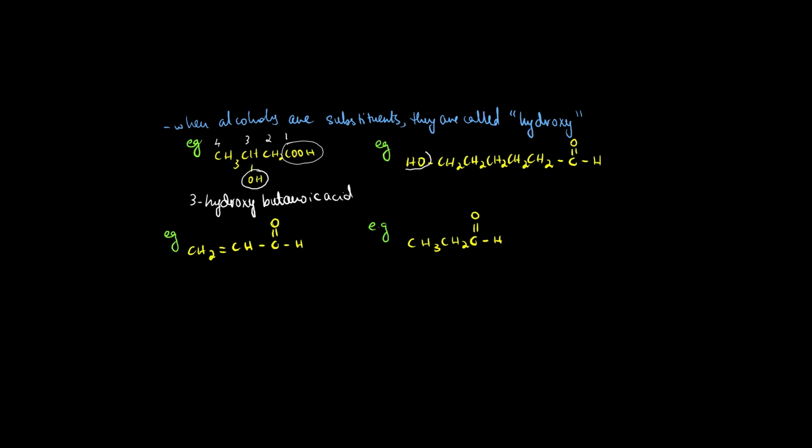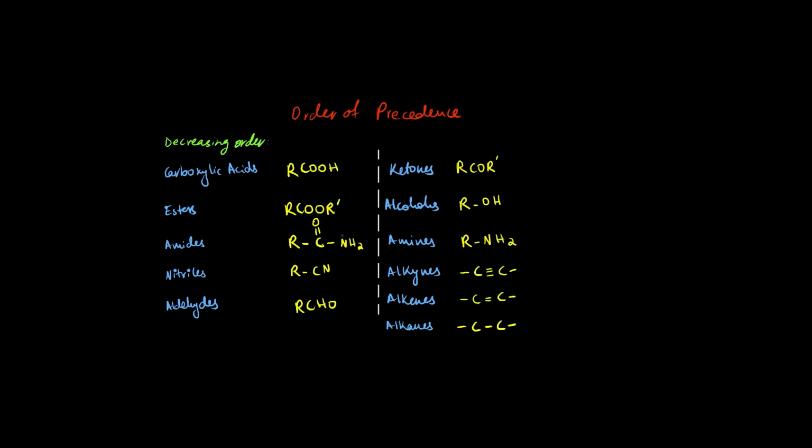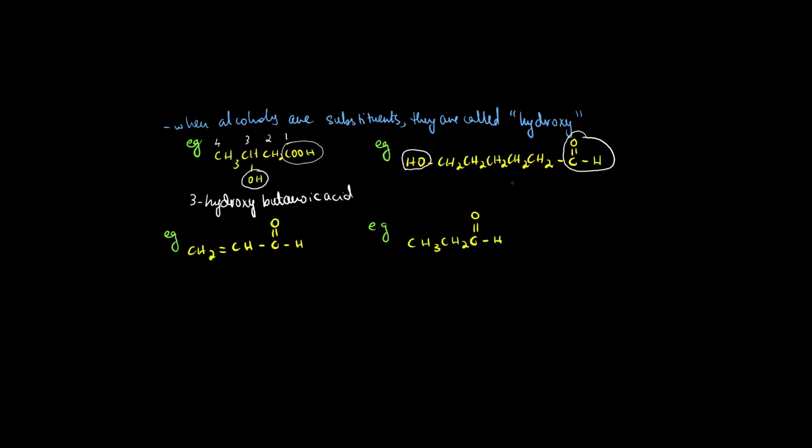Now let's look at the second example. Again, it has an alcohol functional group and it has an aldehyde functional group. C double bond O H is an aldehyde functional group. Keep that in mind. And remember the fact from the order of precedence series. If you want to, I will scroll back. Aldehydes hold precedence over alcohols, right? So this naming will be made according to aldehydes, and the alcohols are a substituent yet again. So let's number from the right hand side so aldehydes get the precedence.